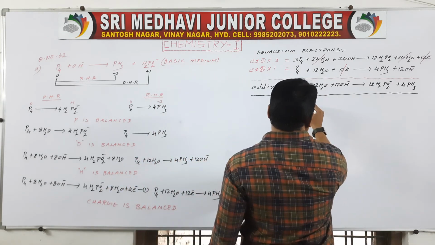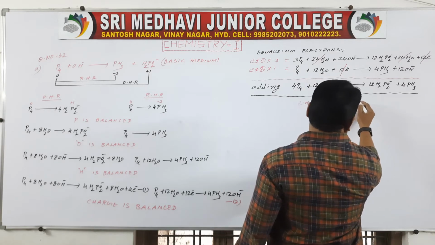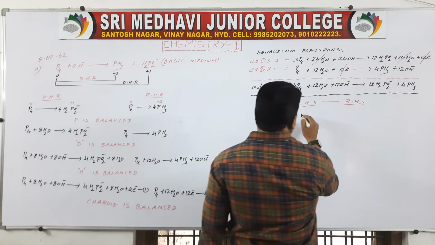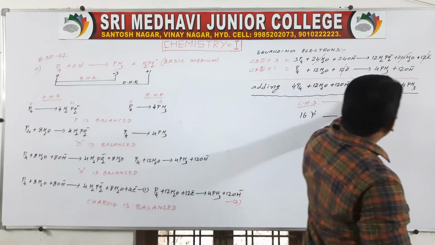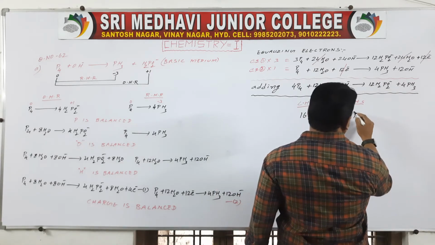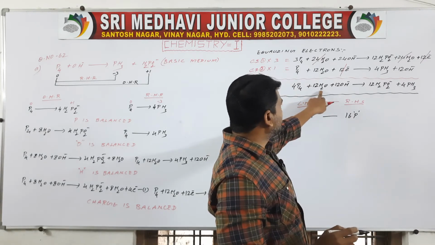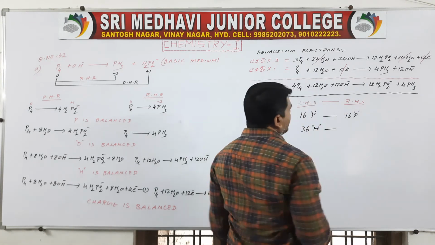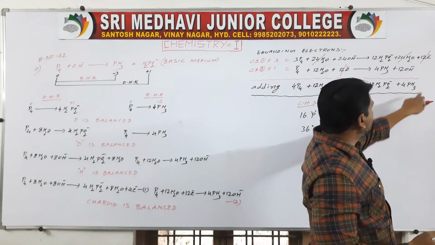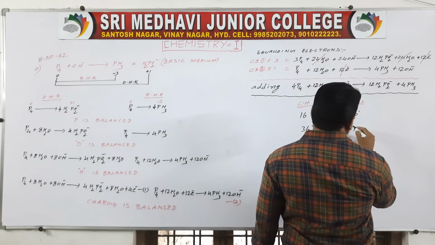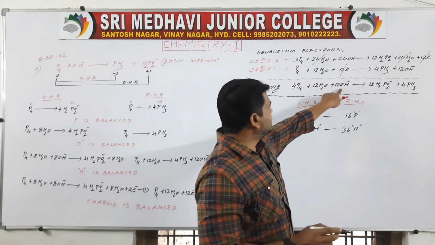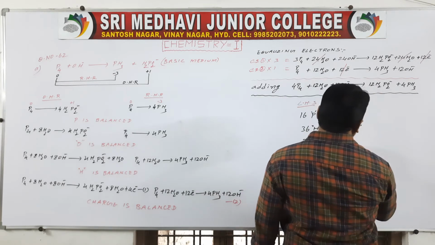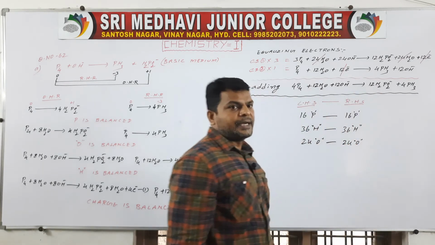Now you check LHS equal to RHS. Okay, so 4 4s are 16 phosphorus left side, 12P plus 4P, 16 phosphorus right side. 12 2s are 24 plus 12, 36 hydrogens left side, 12 2s are 24, 4 3s are 12, 36 hydrogens right side. 12 oxygens plus 12 oxygens, 24 oxygens left side, 12 2s are 24 oxygens right side.